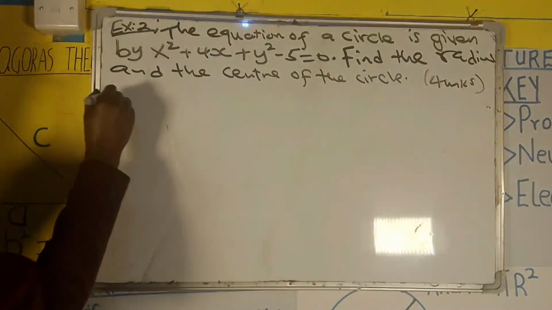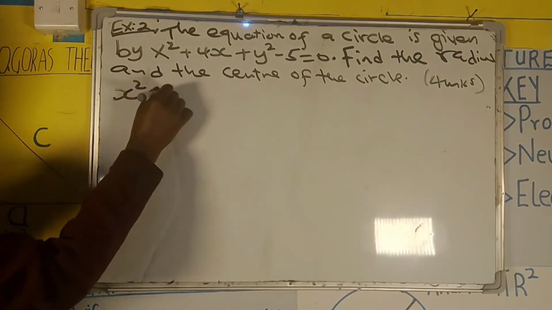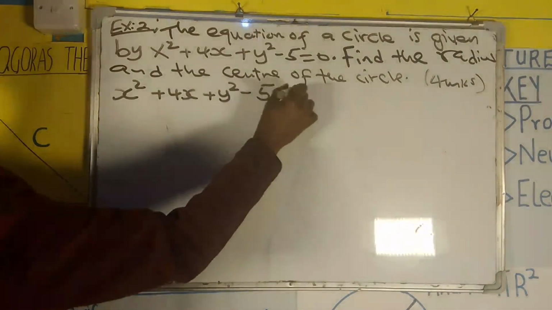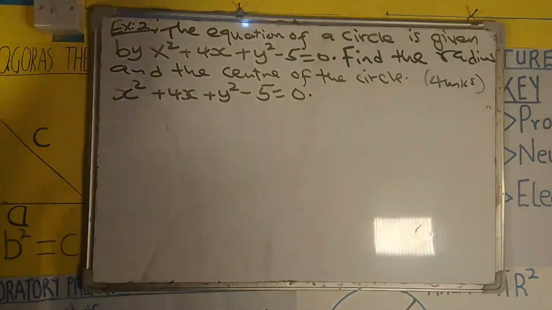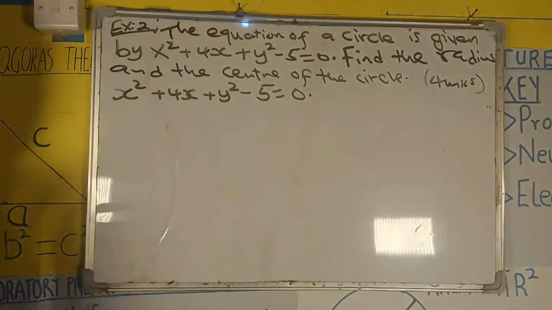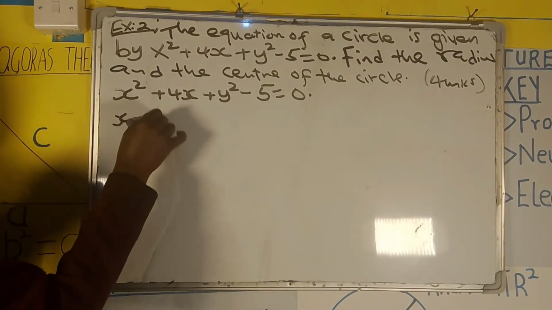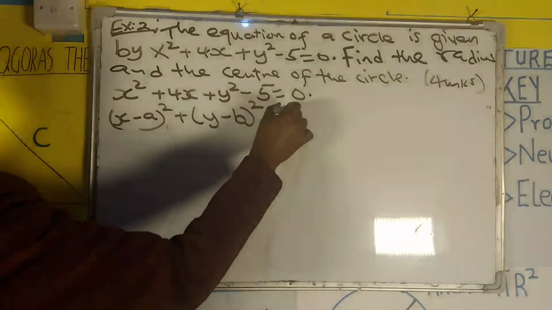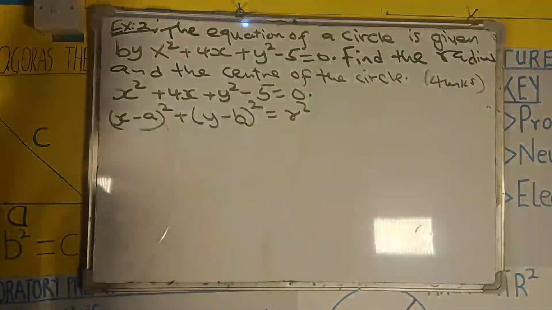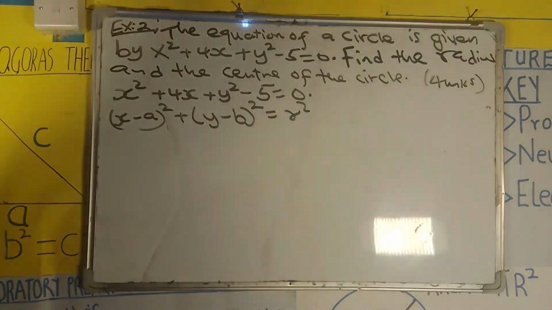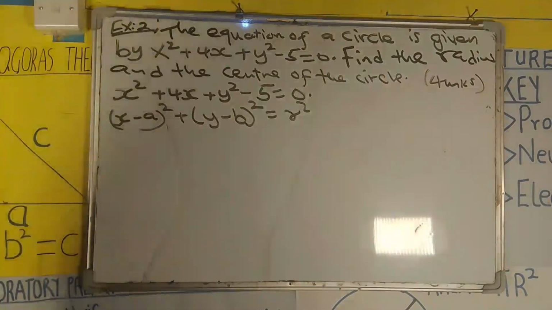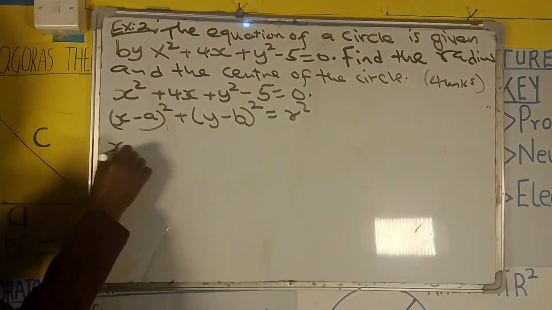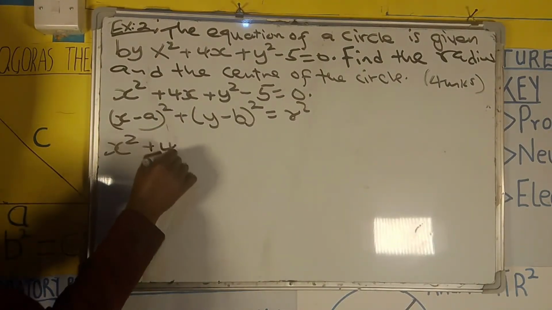So we have x squared plus 4x plus y squared minus 5 is equal to 0. Remember we said the general formula is x minus a squared plus y minus b squared is equal to r squared. So in this case, we are going to split this x squared plus 4x.